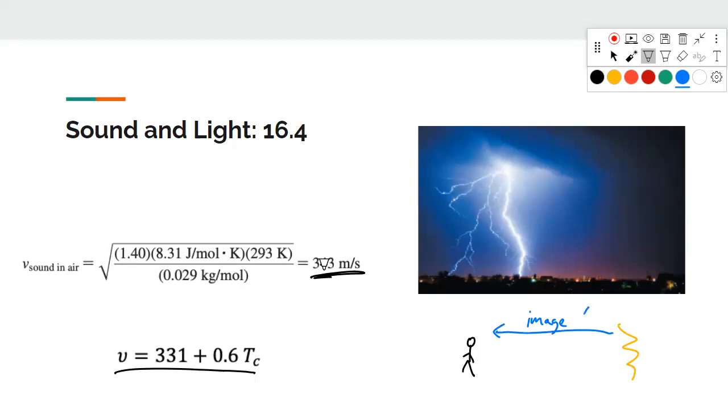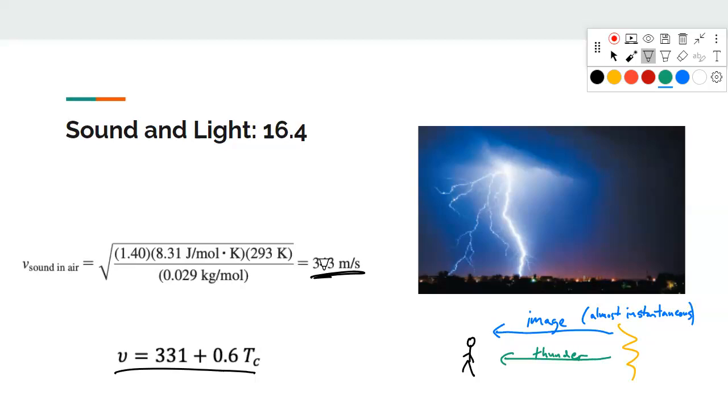So this is almost instantaneous. Whereas the sound, the thunder, travels at a much slower speed. 343 meters per second, just for context, is around 700-ish miles per hour.